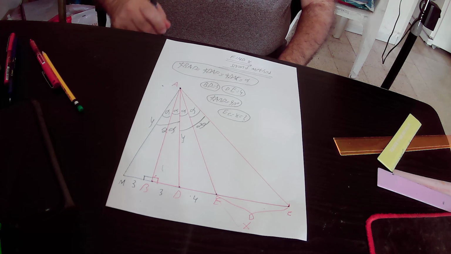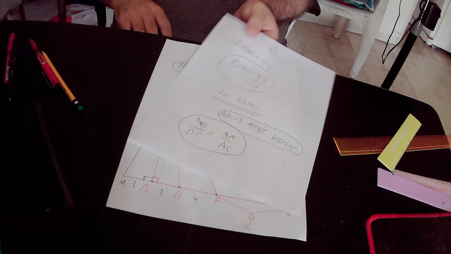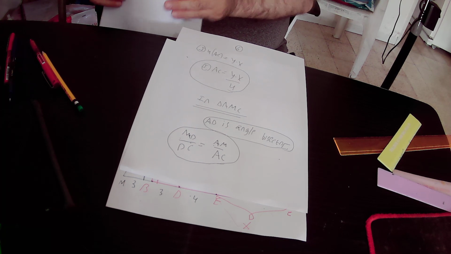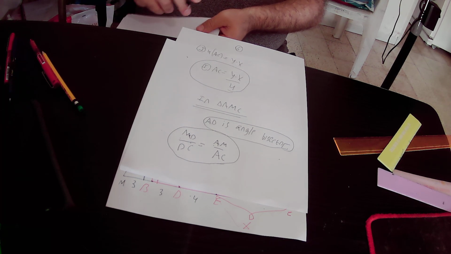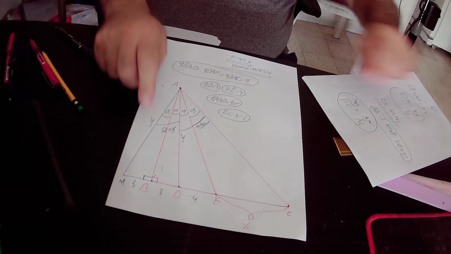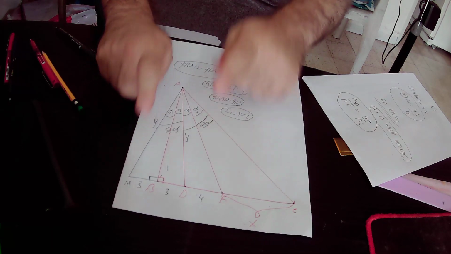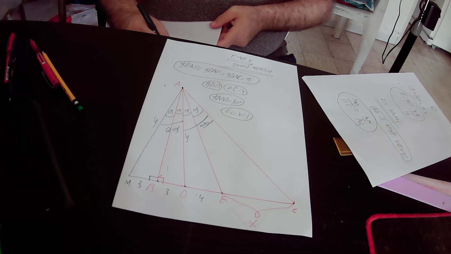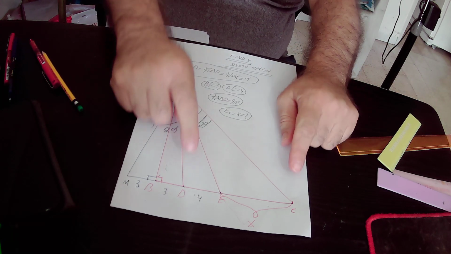Okay? So we got this equality according to the angle bisector theorem. What is the value of MD? The value of MD is 3 plus 3, that is to say 6. What is the value of DC?